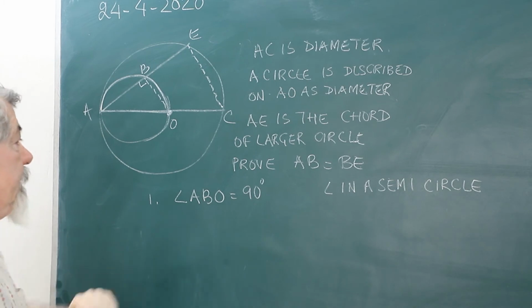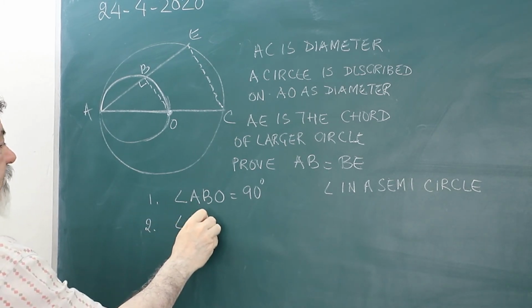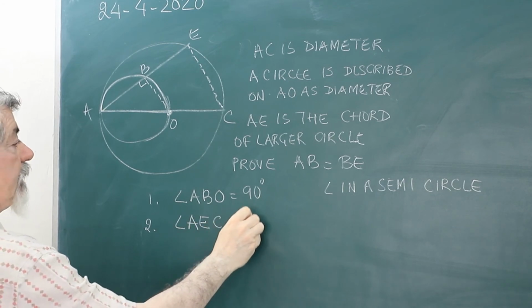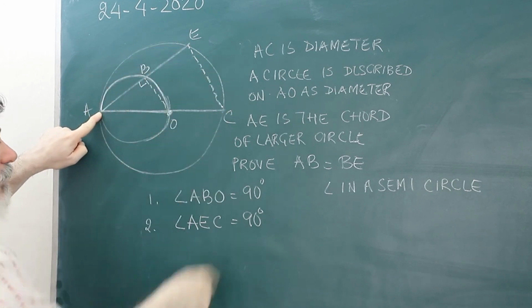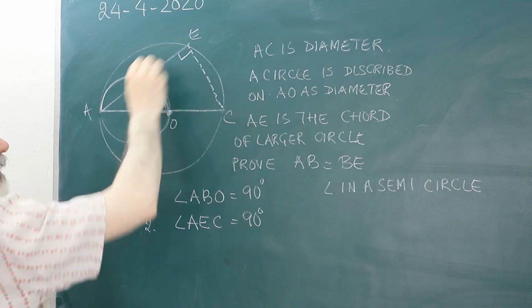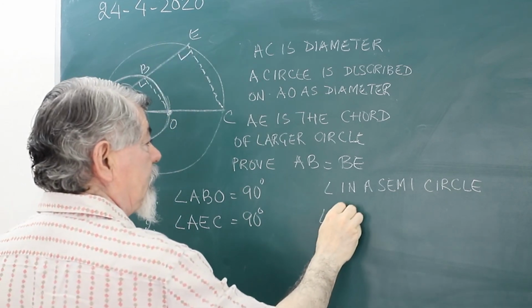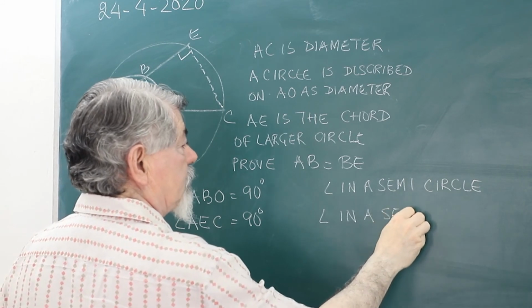ABO is 90 degrees. Similarly, angle AEC will be how much? 90 degrees, because AC is the diameter of the bigger circle and this is an angle in a semicircle.